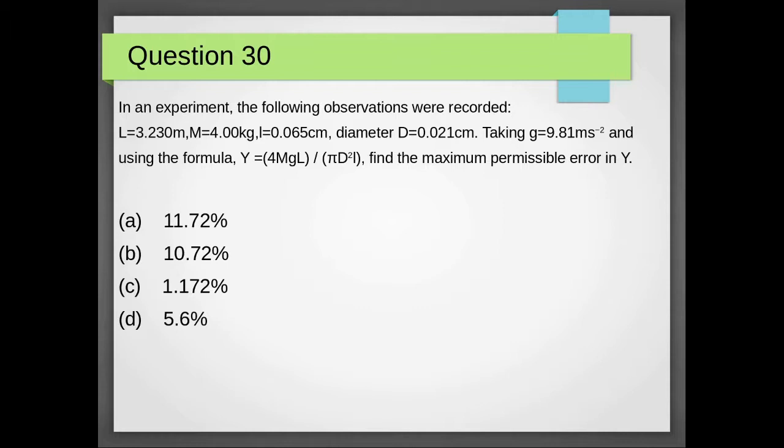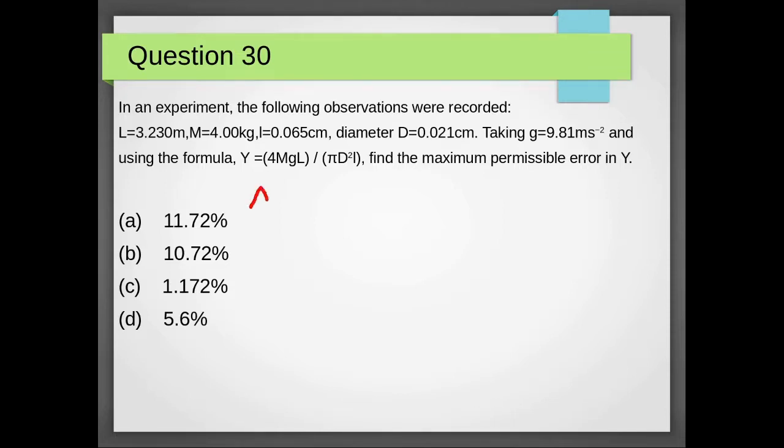Question 30. In an experiment, the following observations were recorded, and you are required to use a formula that has been given and find the maximum permissible error in Y. If you look at the 4 choices, you will see that they are all in percentage terms. So we'll have to deal with relative errors and the way relative errors are propagated.